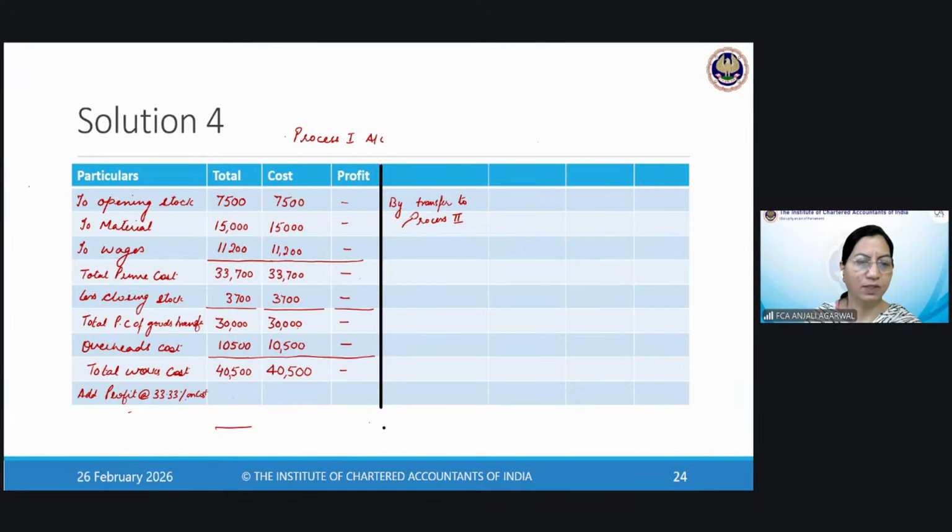Now we will add one-third profit. So 40,500 into 1 by 3, or 33.33%, becomes 13,500, which has absolutely no cost, it is pure profit.